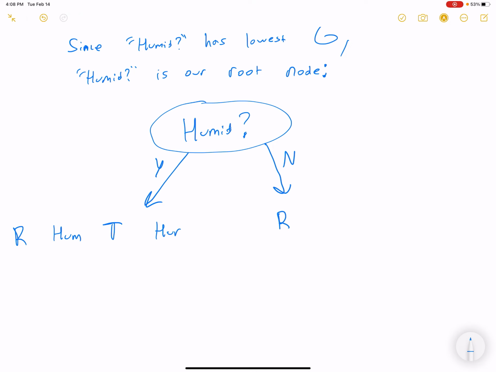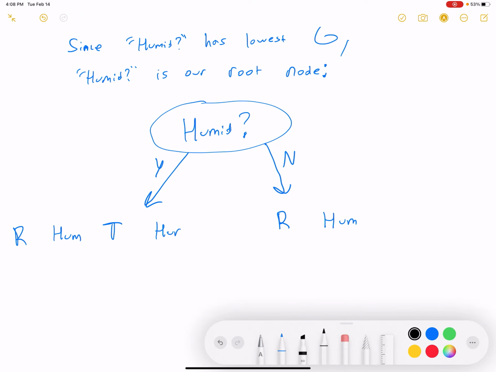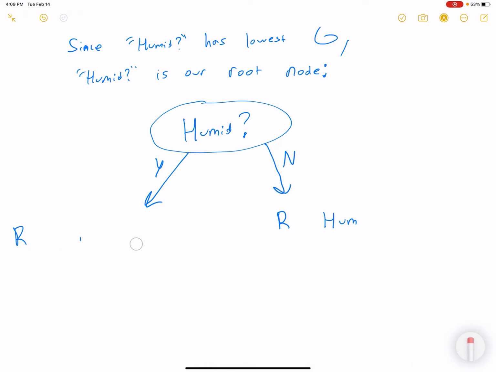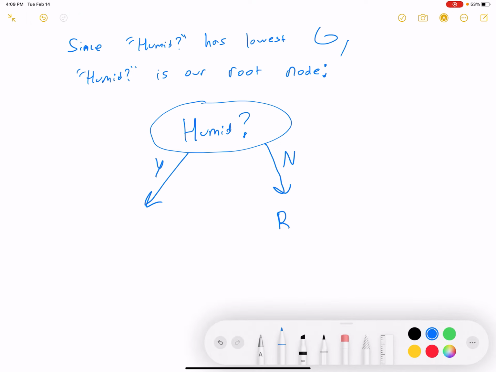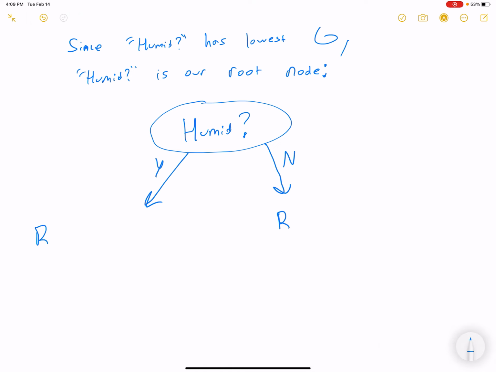And same for when humid is no. So rainy, humidity. And actually we don't need humidity anymore because we've already split on humidity. So really we just need rainy, temperature, and hurricane.